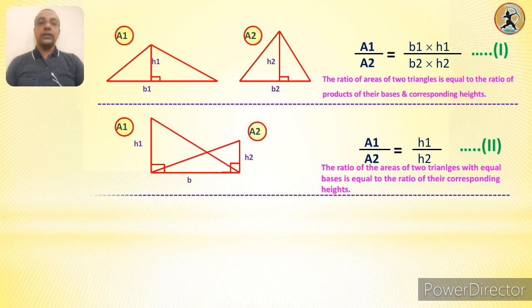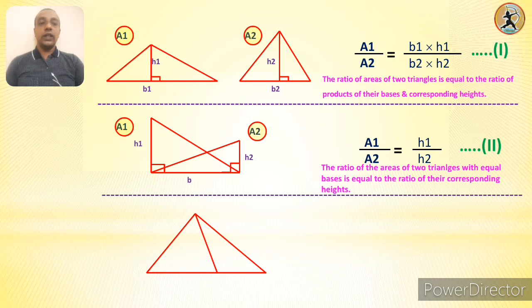And the last one, now we are going to consider two triangles having equal heights. So here are the two triangles with bases B1 and B2, and now we have to consider the height.